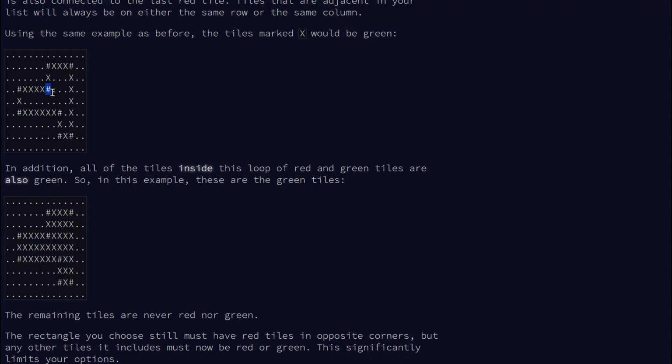Well, there's a difference between this corner and this corner, right? It has 2 tiles that are part of the perimeter and 2 tiles that are not part of the perimeter next to it. Right?